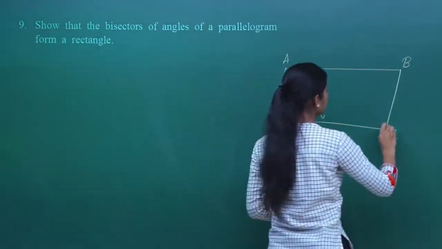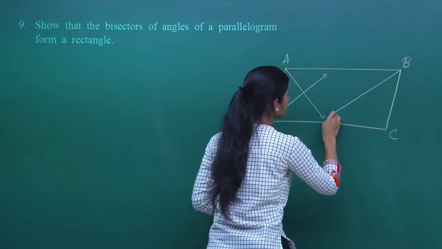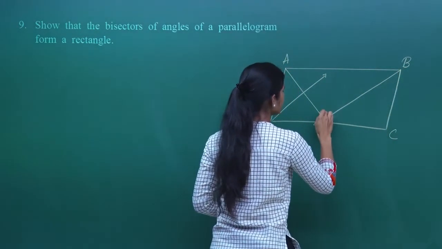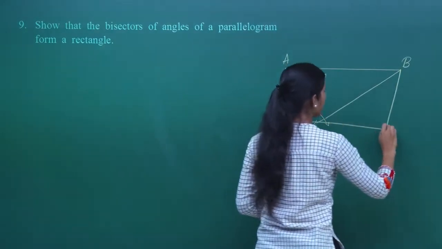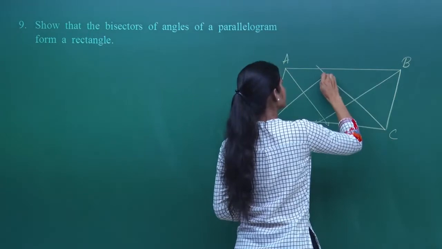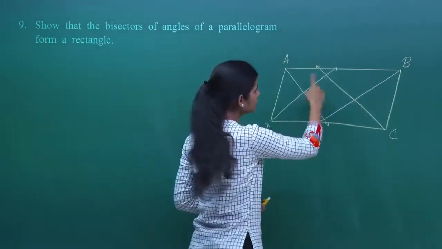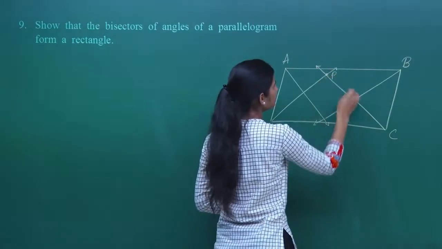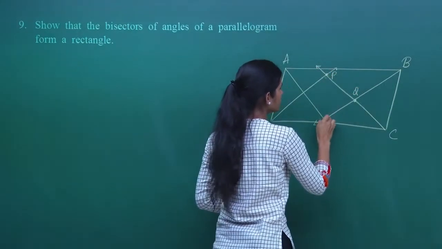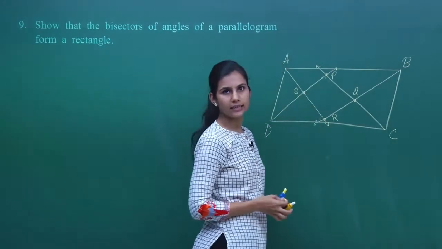This is a bisector. Then you have, this is a bisector. Let me extend this. And you also have, this is a bisector. So extend this. I have to show this figure that is being formed. So this is P, this is Q, this is R, and this is S, is a rectangle.